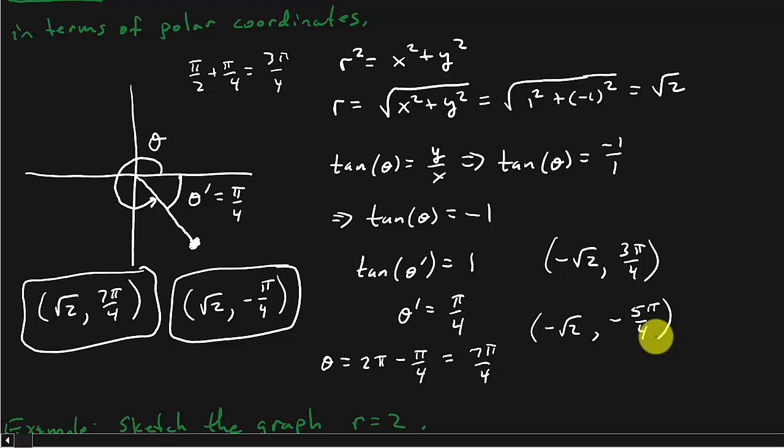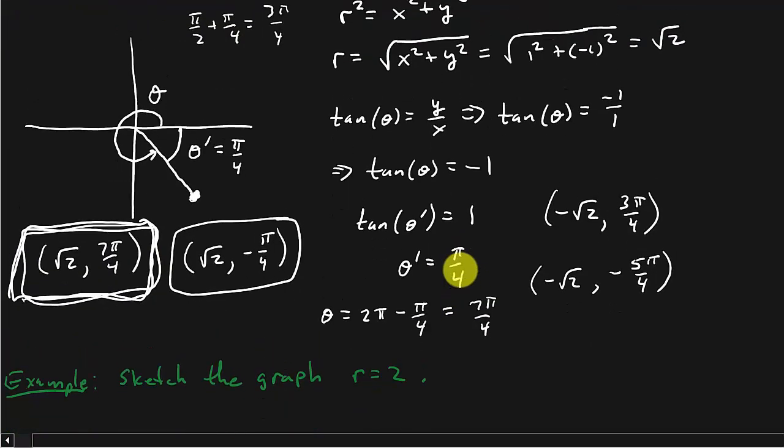There's another point. But like I said, I like it when r is positive and then I rotate in a counterclockwise direction. This is the one that I tend to do. All right, so now we know how to convert the points and everything.